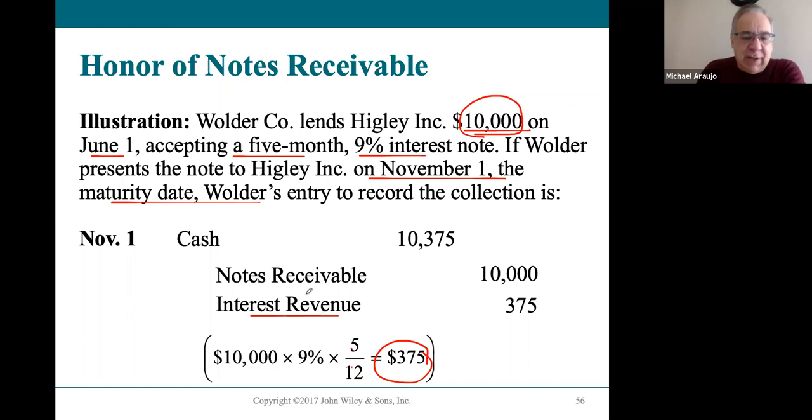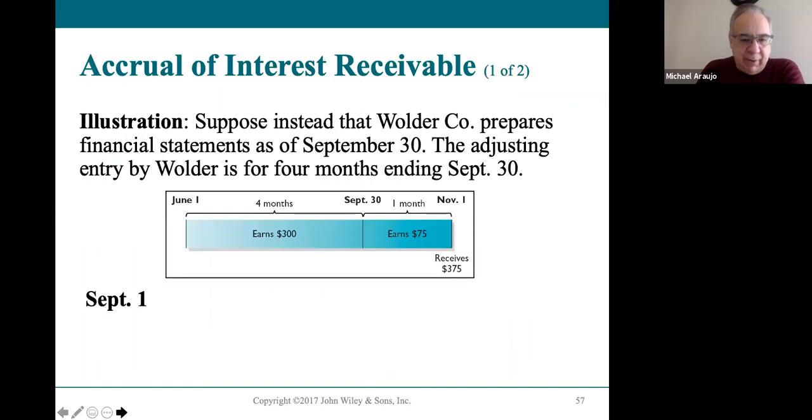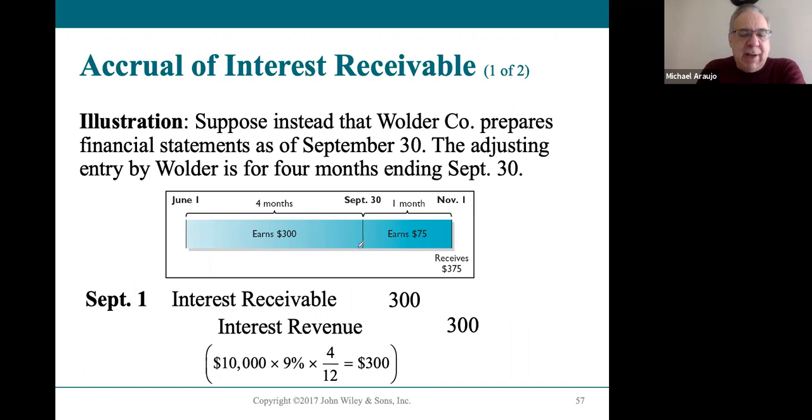Now, if you're earning money on a loan, you have to count that as revenue. So any interest that they receive on any notes they have has got to be listed as interest revenue. Of course, revenue is always credit side. Right? So that's basically how they would handle things. In the case that books close, so they made the note in June, it's not payable till November, they have a fiscal year that closes September 30th.